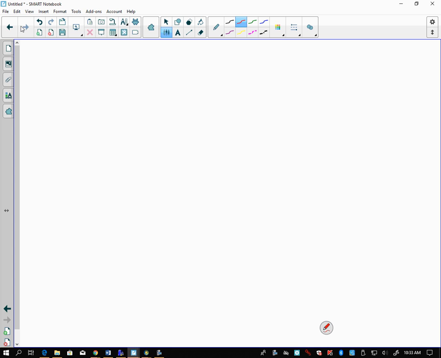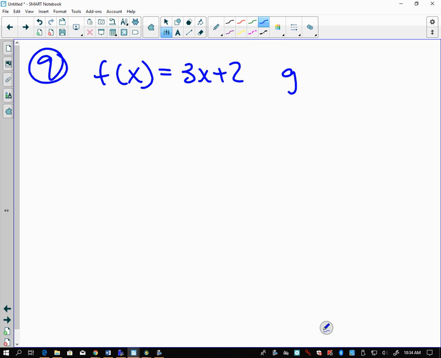Okay, number 9. Number 9 is going to give you something along the lines of f of x, let's say, is 3x plus 2. G of x is, say, equals negative 8x plus 11.